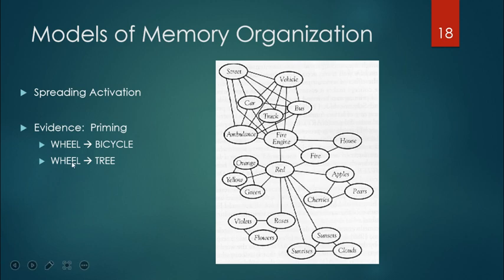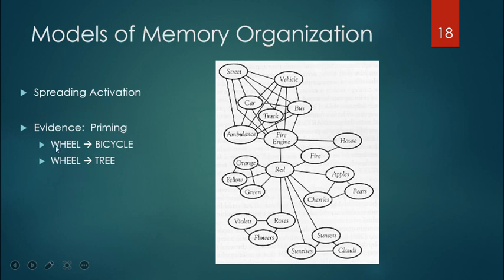So if I were to give you in another condition the word wheel, you say that's a word, and then I give you the word tree, you're going to be slightly slower than this first condition with bicycle, because wheel will prime bicycle much better than the word wheel will prime the word tree. Wheels and bicycles are very similar related semantic concepts, whereas wheels and trees, you can make a connection there, but it's a much weaker connection.